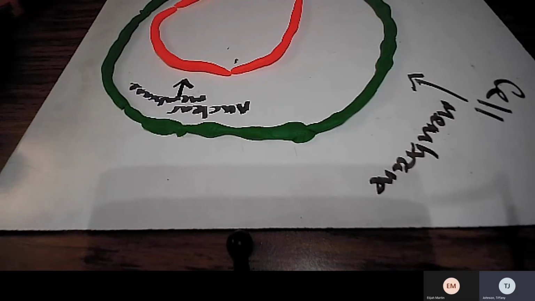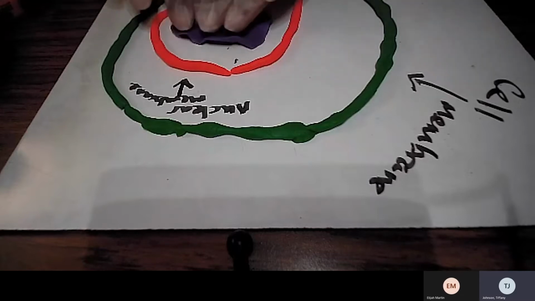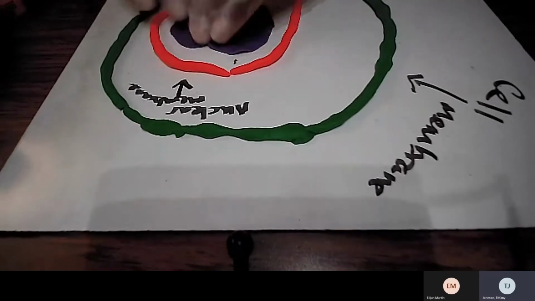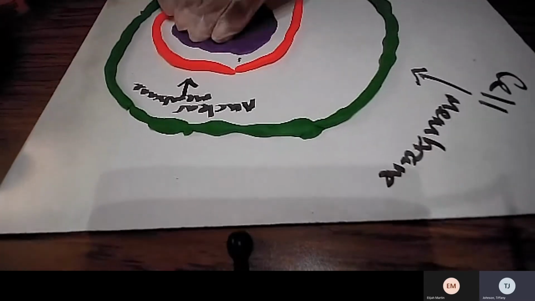I'm going to use this color for my chromatin. Now the chromatin at this stage is hard to see, so it kind of just looks like a big glob in the middle. It's not very well condensed, so I'm just going to put that big glob in the middle there. So that's my chromatin.